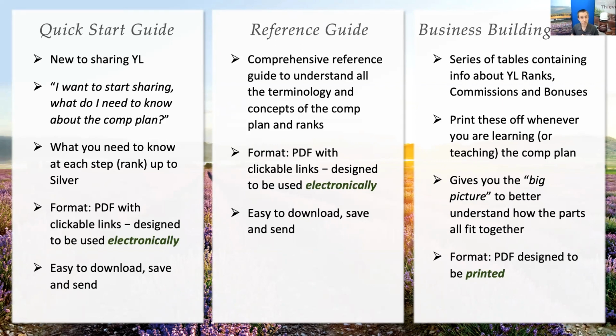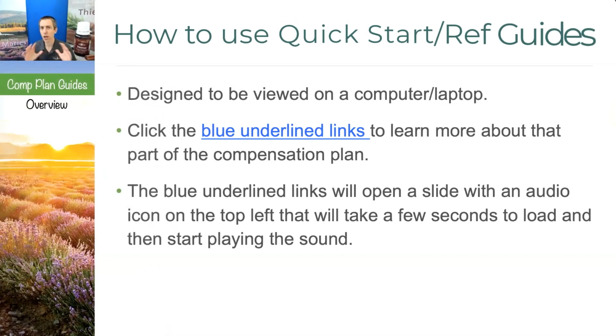Now, I mentioned that I was going to show you what I mean by these blue clickable links. So in those first two guides, the ones that are designed to be used electronically, you'll see throughout them there's blue underlined text all over the place.